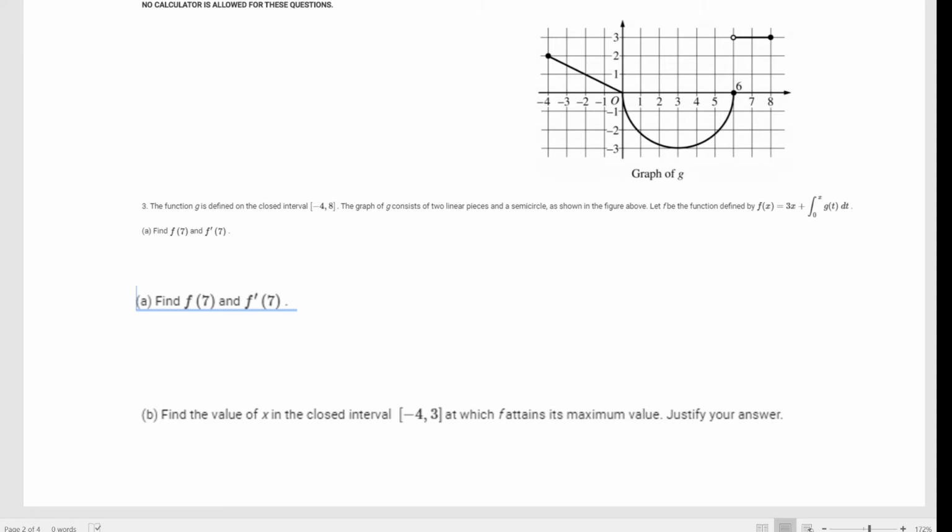Wait, didn't we already do this question? No, we didn't do this question. I already did this question. Haha. And seriously, it's not hard, but it's not on the AP test, so don't worry about it. Don't worry about area and volume.